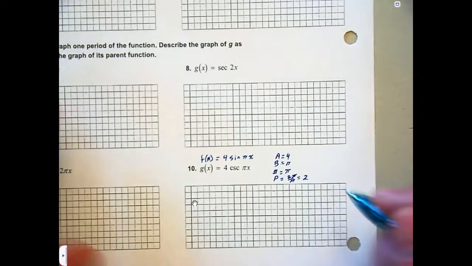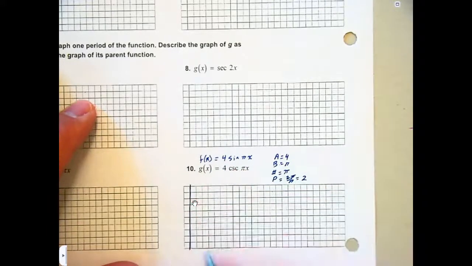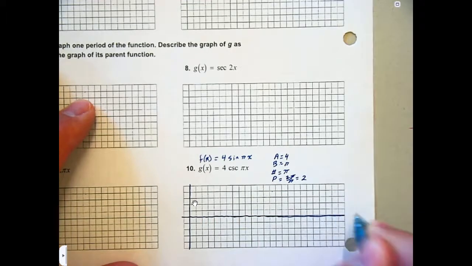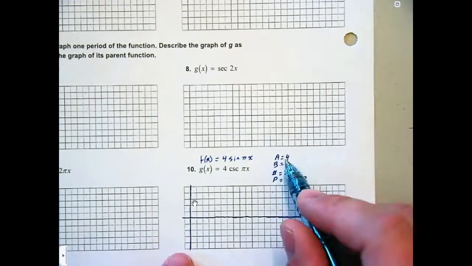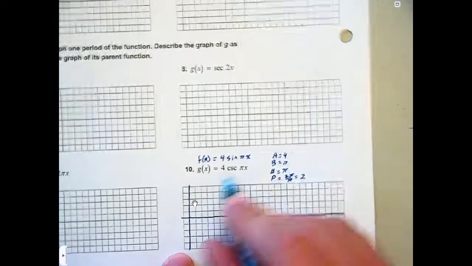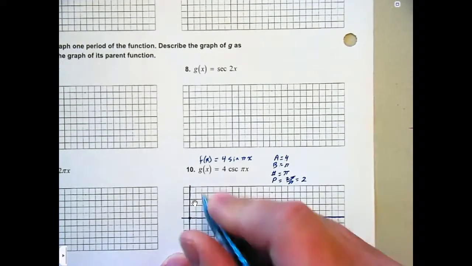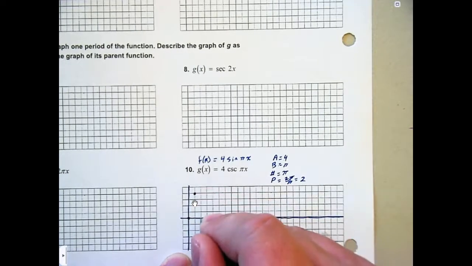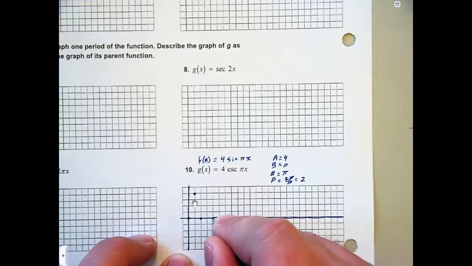So now I'm going to graph the sine in pen. I'm not going to graph the cosecant. I'm going to let you finish that one. Do not graph in pen because you should actually erase. Okay? But for here, if I'm graphing 4 sine pi x, I've got my 0, my max, my 0, my min, and my 0.